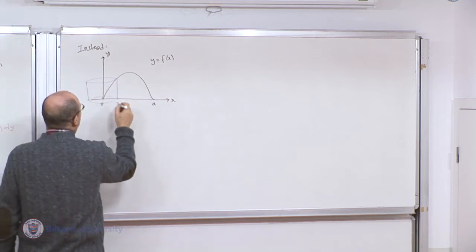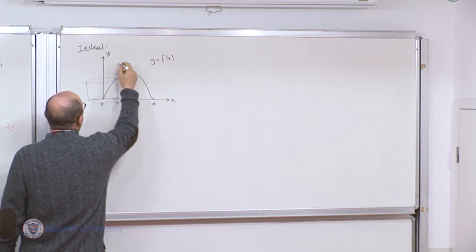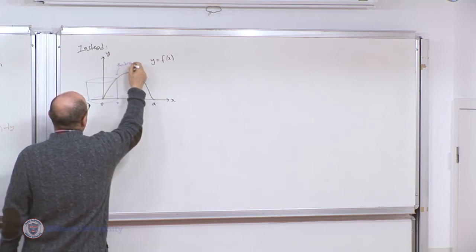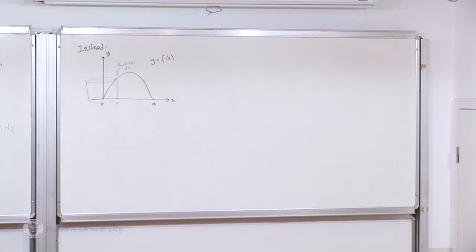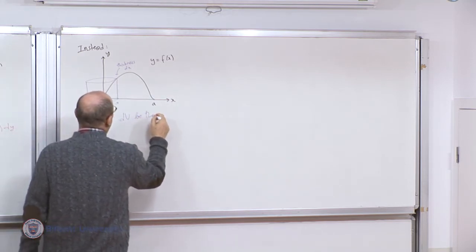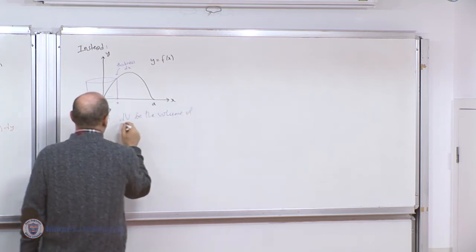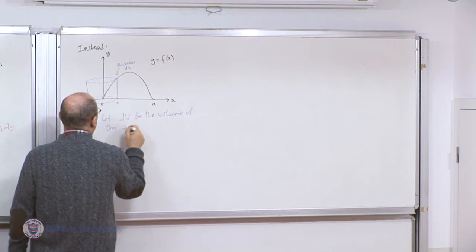Okay, and the thickness of this shell here, I call dx. So let dV be the volume of this cylindrical shell.